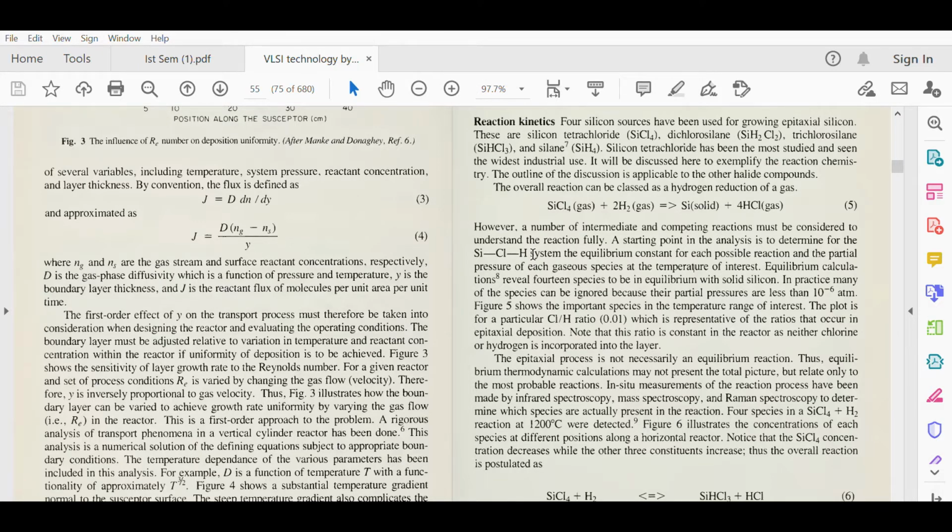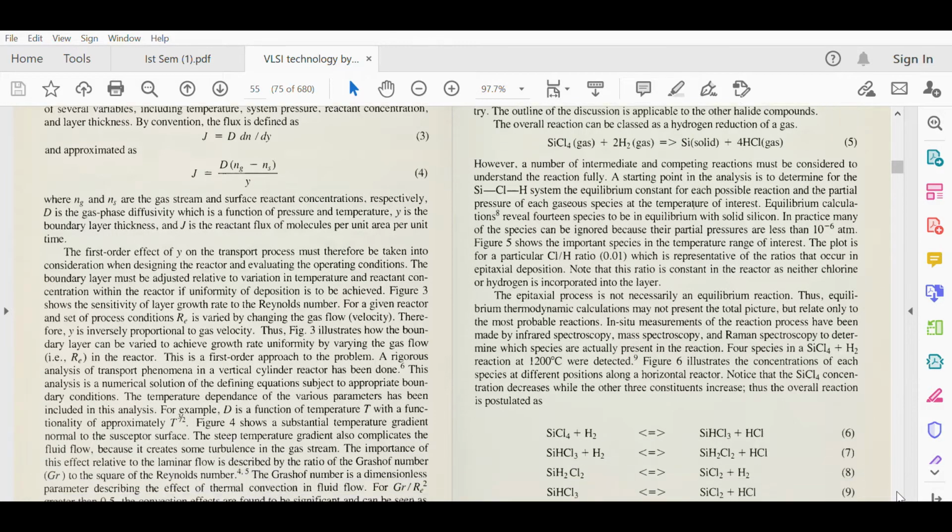Only some of the species are important, and we concentrate on those only. Okay, so basically the Cl/H ratio of 0.01 is important, which is mentioned here. Note that this ratio is constant in the reactor as neither chlorine nor hydrogen is incorporated into the layer.